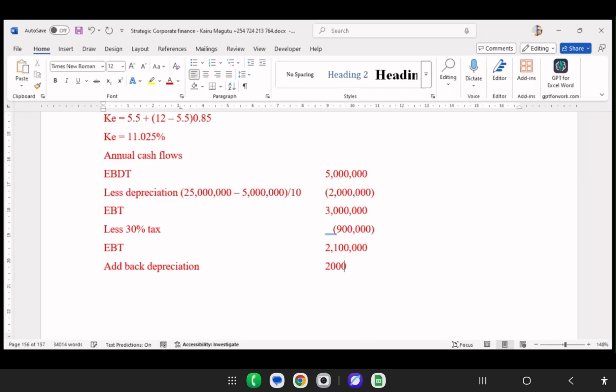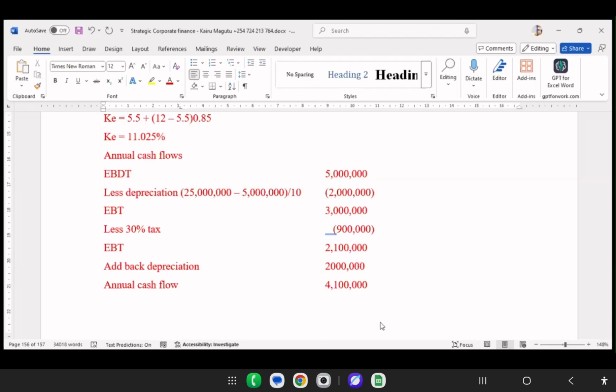It is 2 million. This is the annual cash flow, and this is 4.1. 4.1 million is the annual cash flow, the cash flows that will be realized in each of the years.